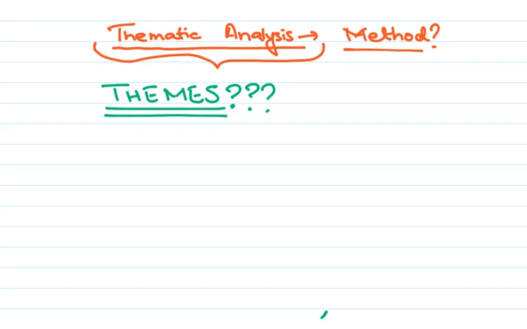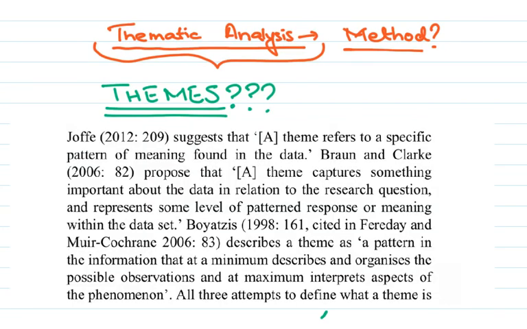So let me just show you an extract of your book. Here you have this extract from your book, which basically is trying to make sense of what a theme is, right? And it's looking at all of these different researchers and what they've said about what a theme is, right? How would you define a theme?